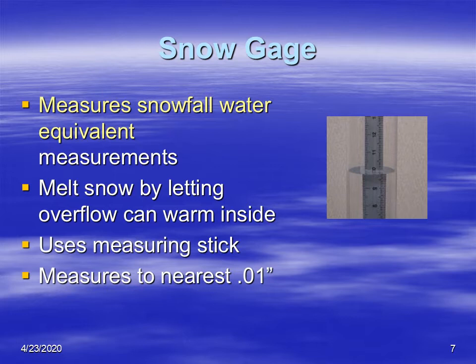You measure a certain amount of hot water in the National Weather Service measuring tube, and pour it in. After everything melts, take out that amount of water and then make a measurement. The way we measure, we use a stick that measures to the nearest 1/100th of an inch of precipitation or water equivalent.